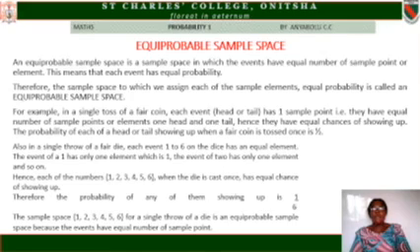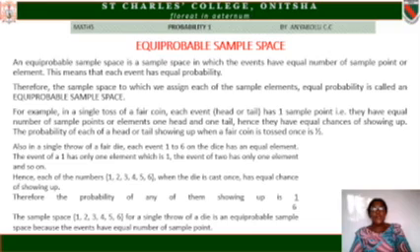The probability of each of a head or a tail showing up when a fair coin is tossed once is half. Also, in a single toss of a fair die, each event 1 to 6 on the die has an equal number of elements. The event of a 1 has only one element, which is 1.